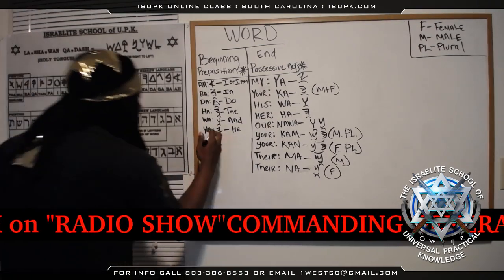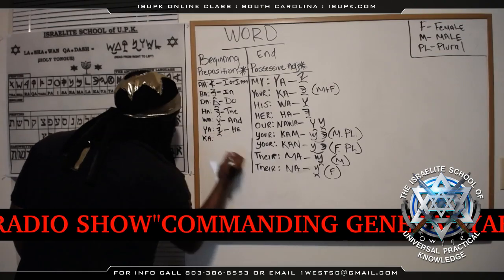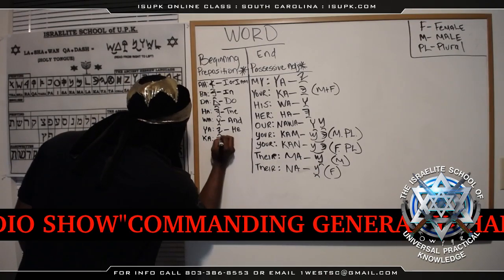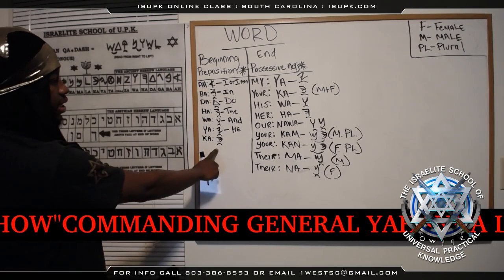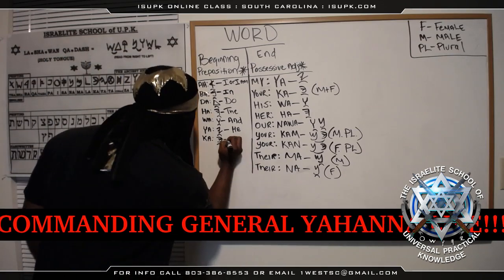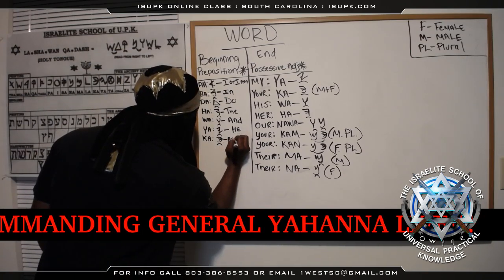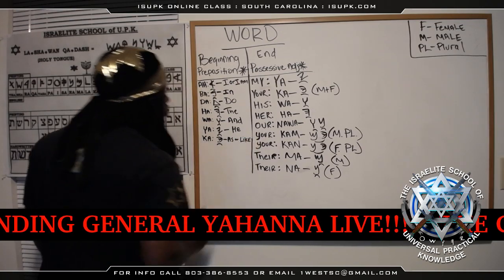Then we have Ka, K-A, which is this symbol right here. Right? That symbol right there, which means what? Ka in the beginning of a word means as or like. So it's like a metaphor.